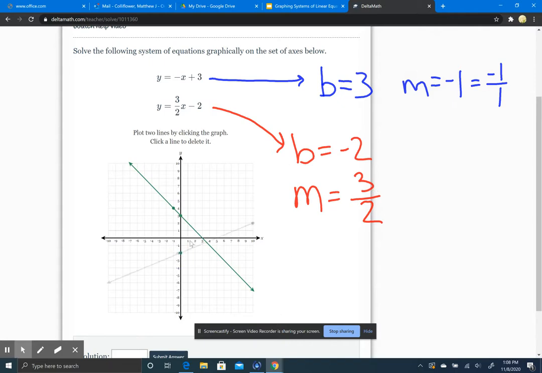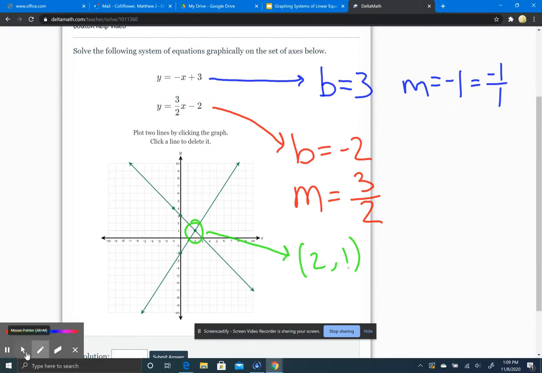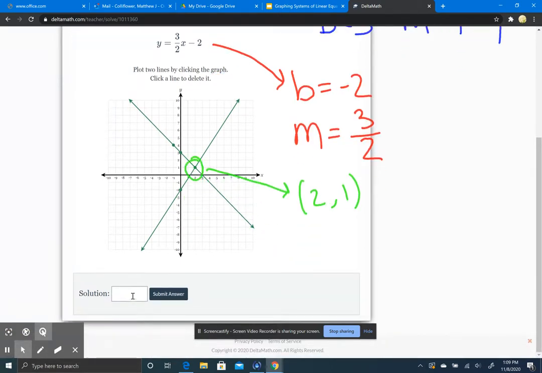And then when I count my rise of 3 and my run of 2, I will go up 3 and then over 2. And right there is where these two lines intersect, which means the solution must be 2, 1. So that point 2, 1 is where the lines intersect, which means it must be my solution.